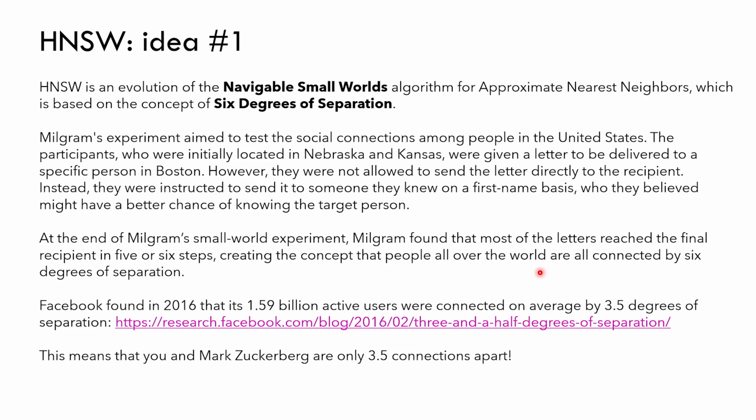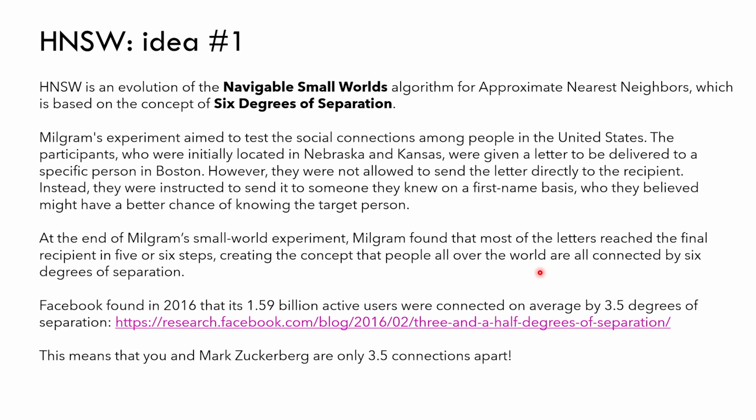The first idea behind this Hierarchical Navigable Small Worlds is the idea of the 6 degrees of separation. So actually the Hierarchical Navigable Small Worlds is an evolution of an earlier algorithm called Navigable Small Worlds, which is an algorithm for approximate nearest neighbors that we will see later, which is based on the idea of 6 degrees of separation. So in the 1960s, there was an experiment called the Milgram experiment, which wanted to test the social connections among people in the USA.